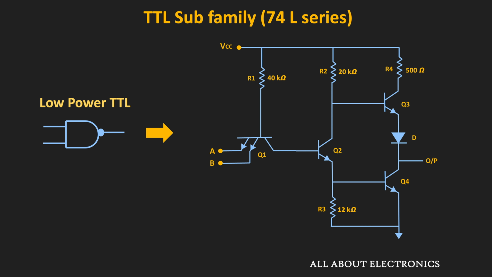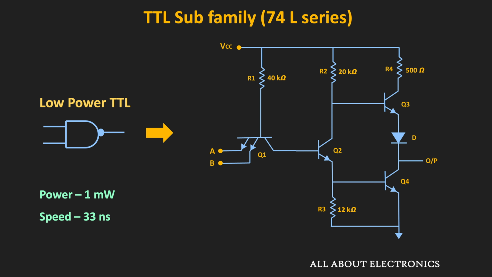But at the same time, because of the lower current, the capacitive load at the output also charges slower. The typical power consumption of the 74L series gates is around 1 milliwatt. As you can see, compared to the standard 74 series version, there is a substantial reduction in the power consumption, but at the same time the speed also reduces. Here, the propagation delay is roughly around 33 nanosecond. So that is the 74L series, the low power TTL logic.